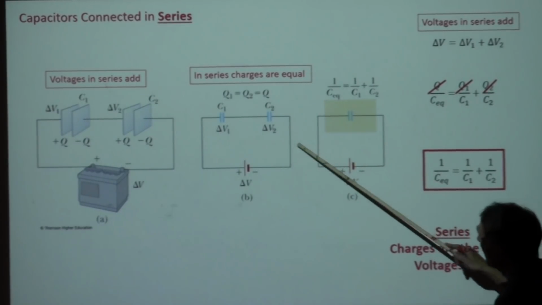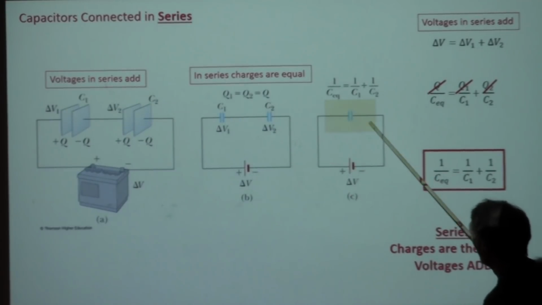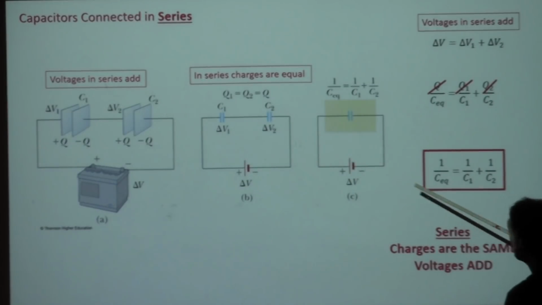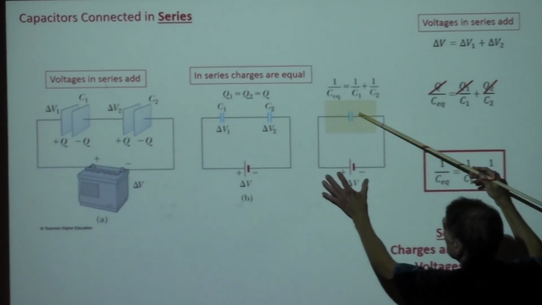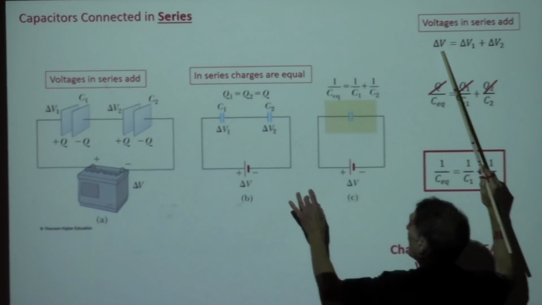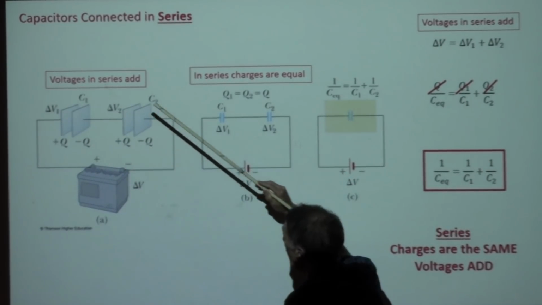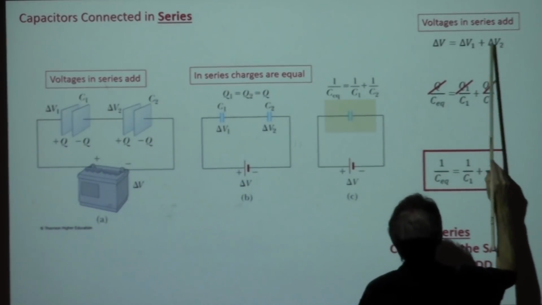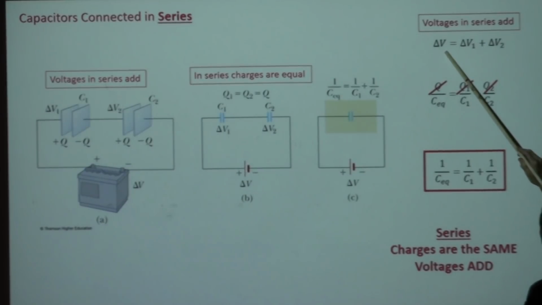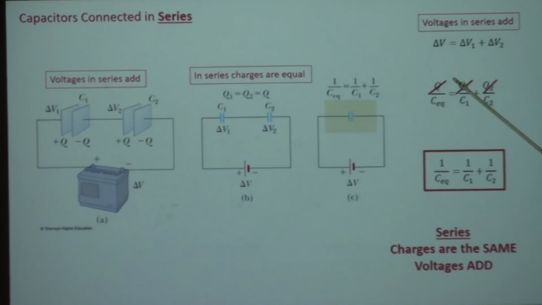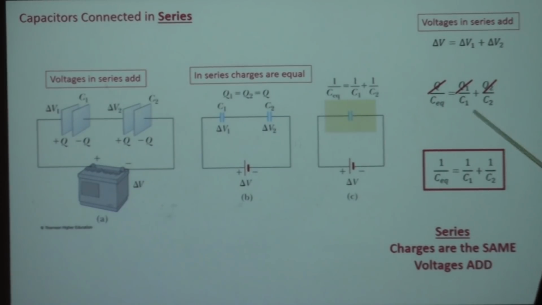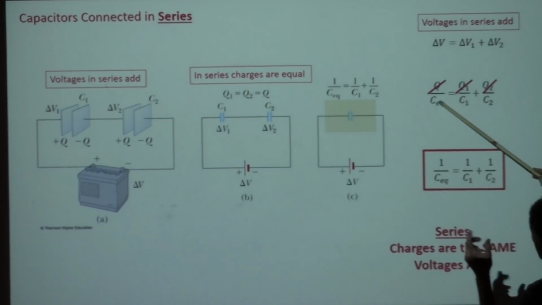As far as coming up with two capacitors, we can come up with an equivalent capacitance. The voltage across the equivalent capacitance is just delta V. But when we add up delta V1 and delta V2, they should add up to the source voltage, or the voltage of the battery. From those individual voltages, it's going to be the total charge Q over C equivalent.